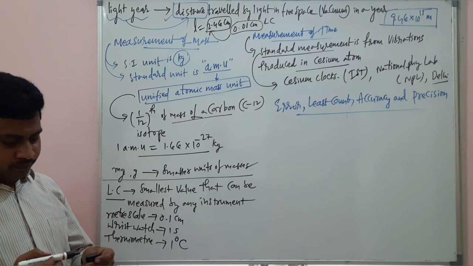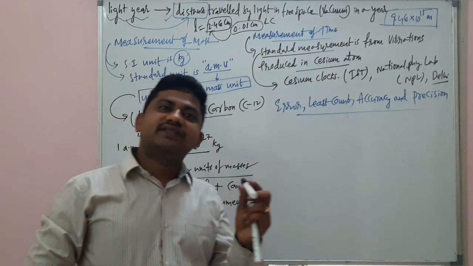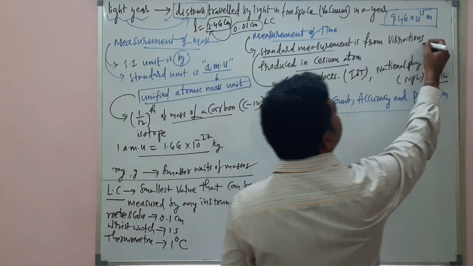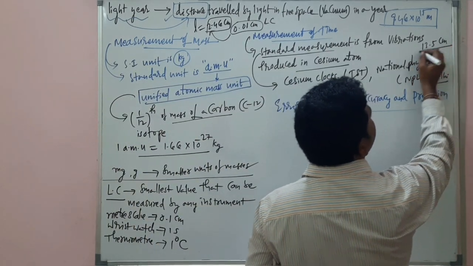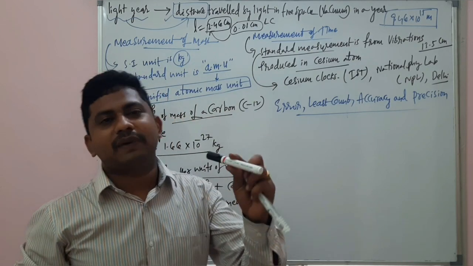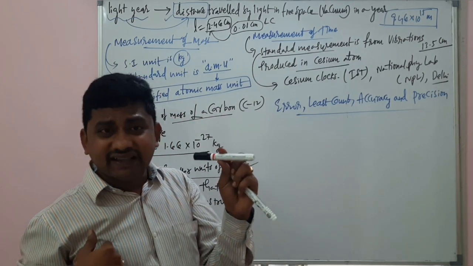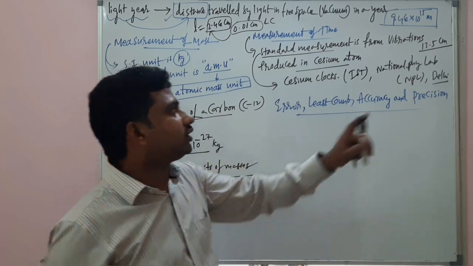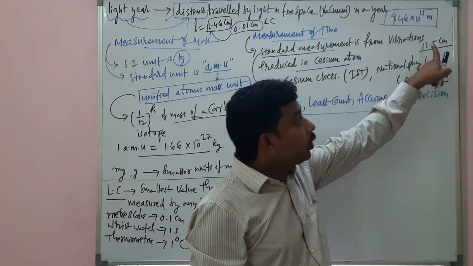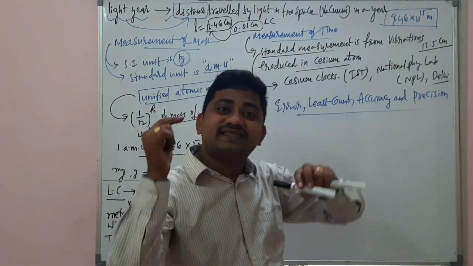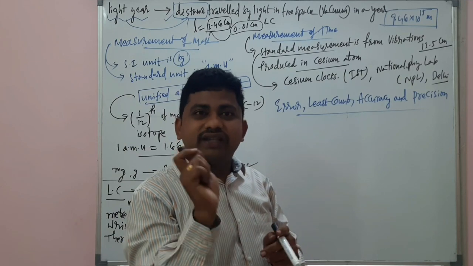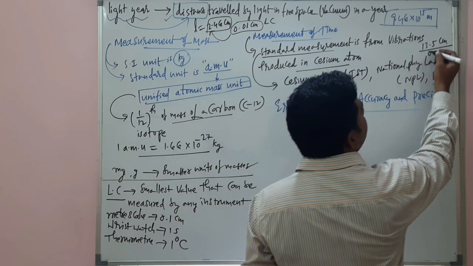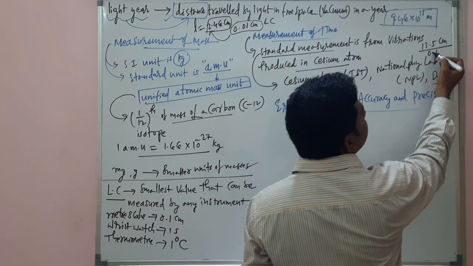For example, I have a meter scale. This pen's measurement when I use a meter scale to measure it, I have got the value 13.5 centimeters. What is the smallest value that can be measured by the same instrument, that meter scale? 0.1, because after the decimal it can only measure 1 digit.